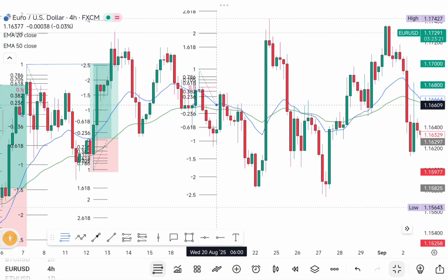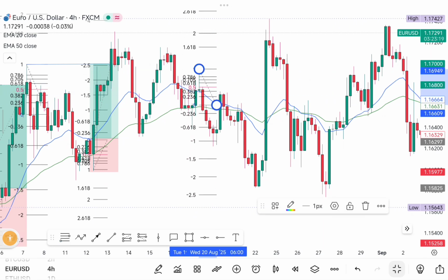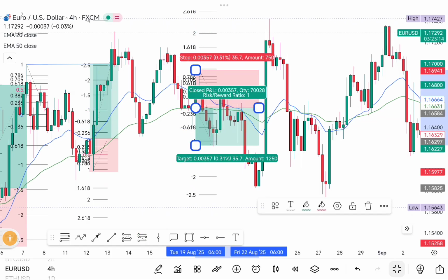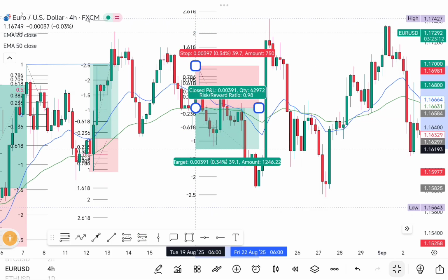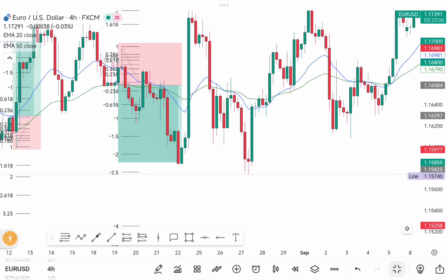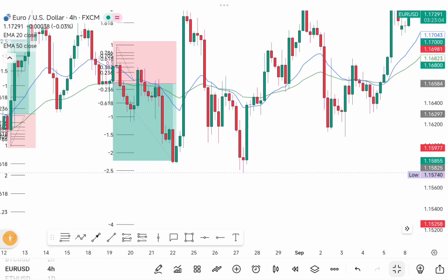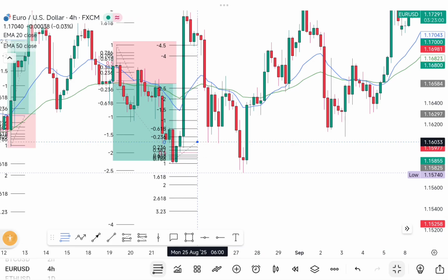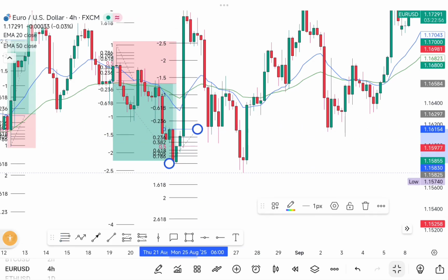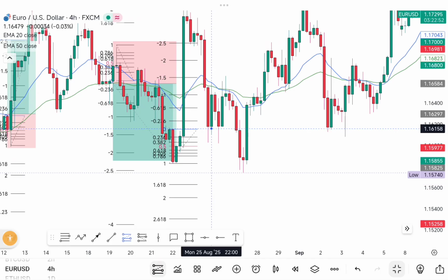What we see here is we look at where we can always find a break of structure, where the candlestick closes below the change of character. This is another one, and the minus 2.5 Fibo projection is triggered upward.